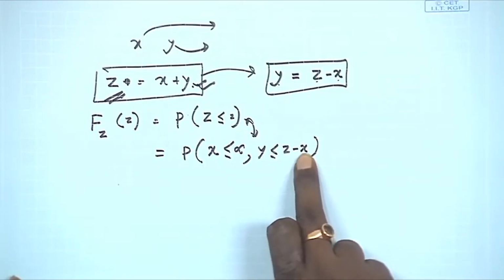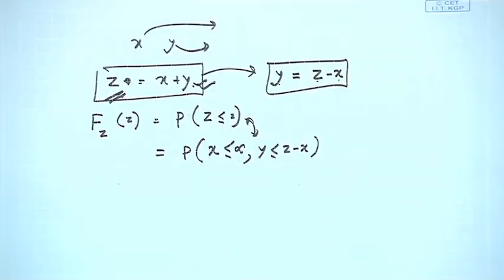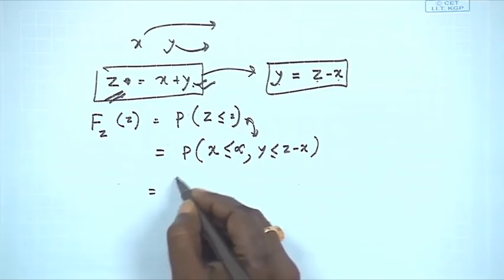Whatever the value of x, y must be less than or equal to z minus x. Then whatever the associated things I get, the overall z will always be less than this z if I ensure these two things, because z is always created by the addition of these two. As long as I ensure this, I will have this. So, if this is the case, I can always write this.